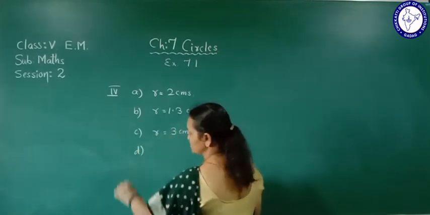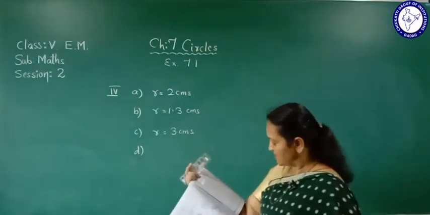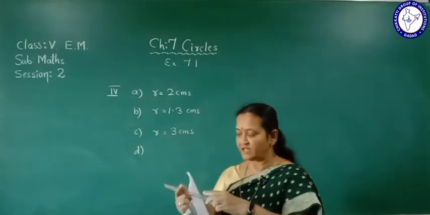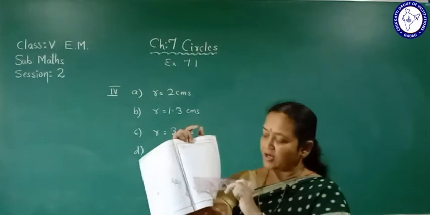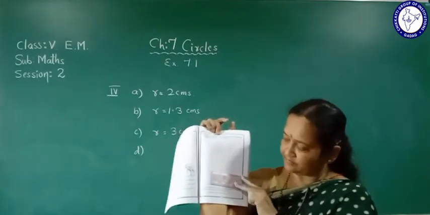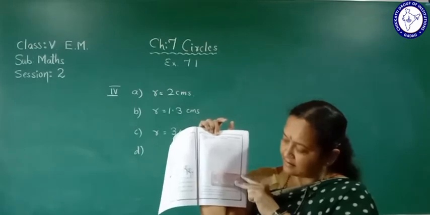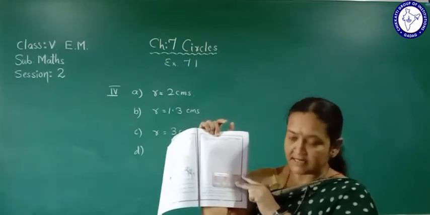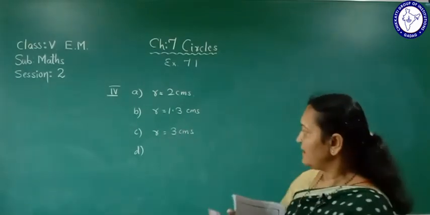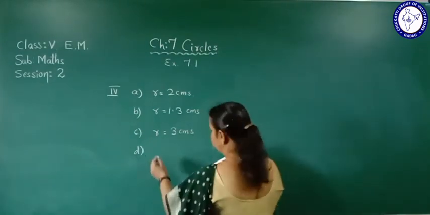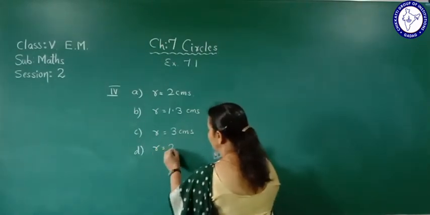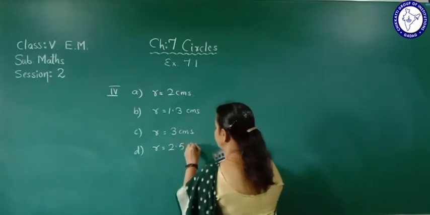Then D question, here in D question, if you keep your scale on the center of the circle and measure till the circle, you will find the radius is 2.5 centimeters.